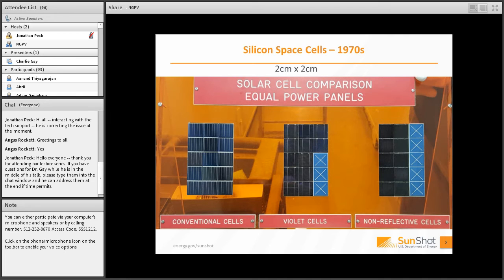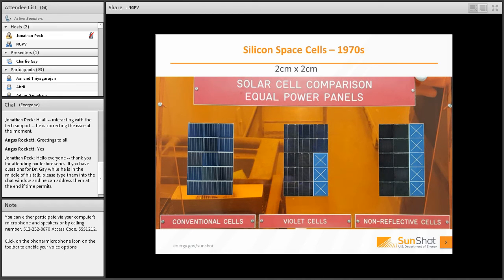The violet cell is a shallow junction. As diffusions came under greater control, being able to reduce the phosphorus doped region from roughly half a micron to 0.2 or 0.15 of a micron in thickness, the short wavelength response, which is especially important in space, vastly improved, and you could eliminate 3 of the conventional cells, as they're called on the left-hand side.